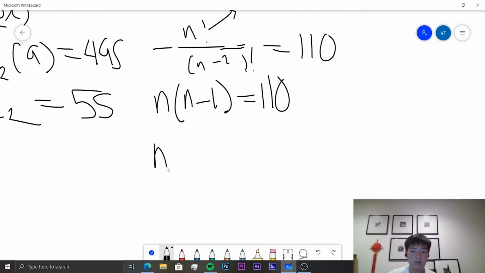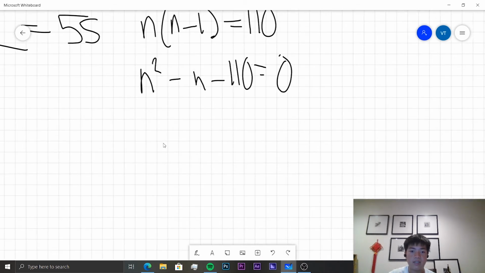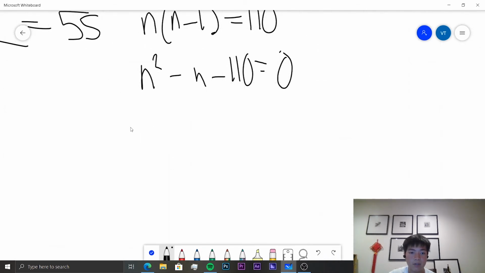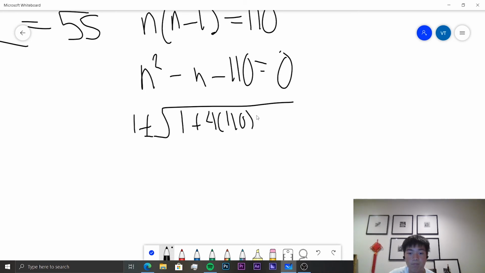So we can make this a quadratic. n² minus n minus 110 is equal to 0. And let's plug it into the quadratic formula. Minus b, so 1 plus or minus the square root of 1 plus 4 times 110 times 1, divided by 2.